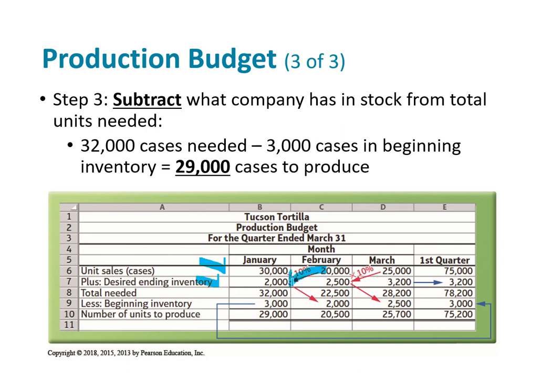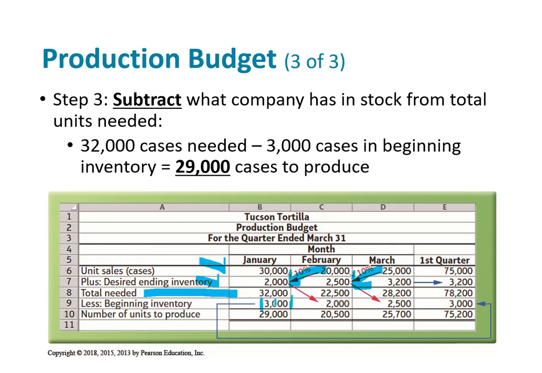So notice when you do these budgets, you can draw arrows to remind you where it's coming from. So 10% of the next month's is the desired ending inventory. We add those two together. This tells us the total amount we need. The beginning inventory tells us how much we already had, so we get to subtract this amount.